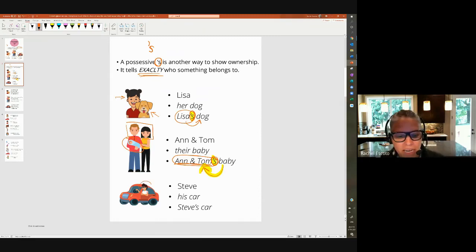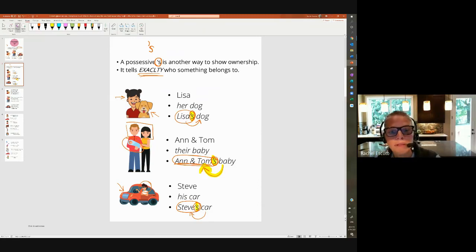Okay, so here's Steve, and here's his car, right? We want to name specifically whose car that is. We say it's Steve's car, with that possessive S telling us very clearly that the car belongs to Steve.